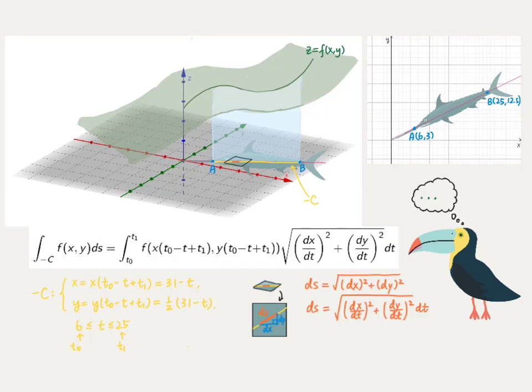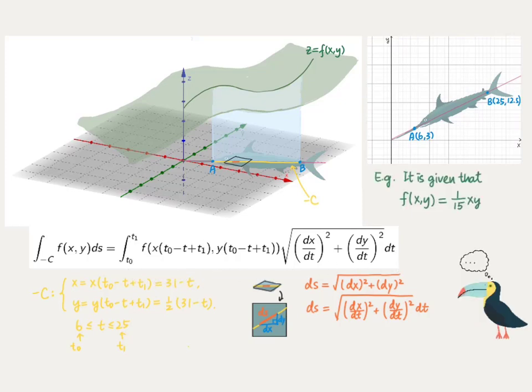As a result, the line integral, which gives the area and hence the total price, can be computed by this formula. We have the same function f of xy as before.